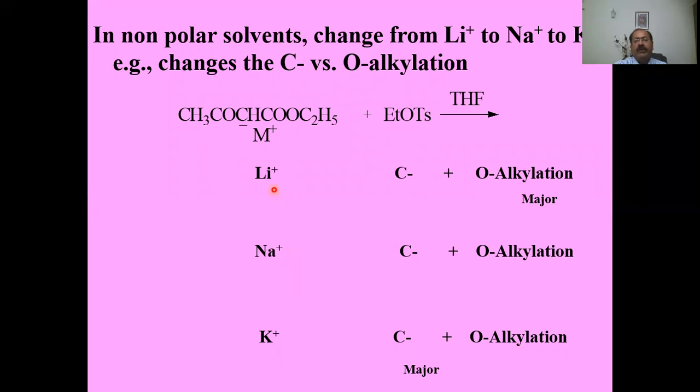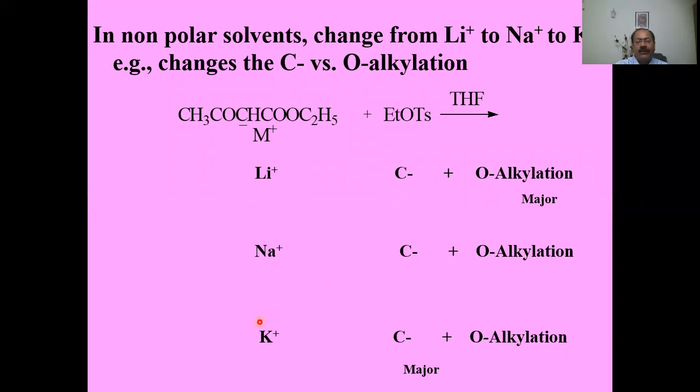When we use lithium hydroxide, it is small, and therefore it is a harder cation, and therefore the harder anion end will be available for reaction, and the harder end is nothing but the O-alkylation product.